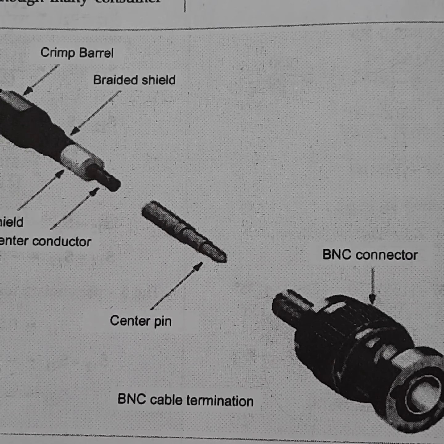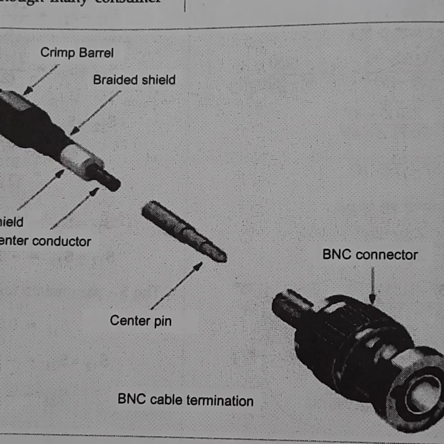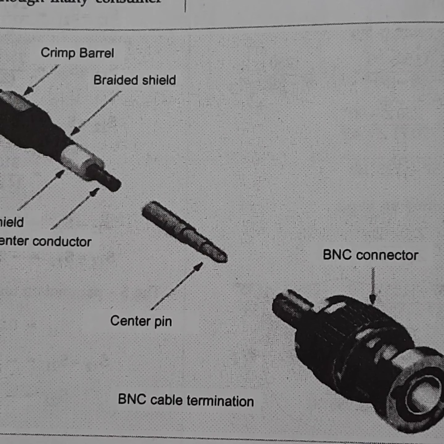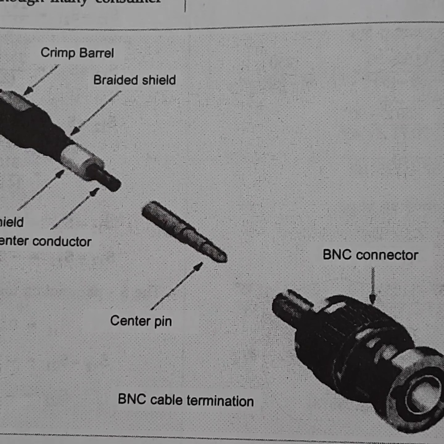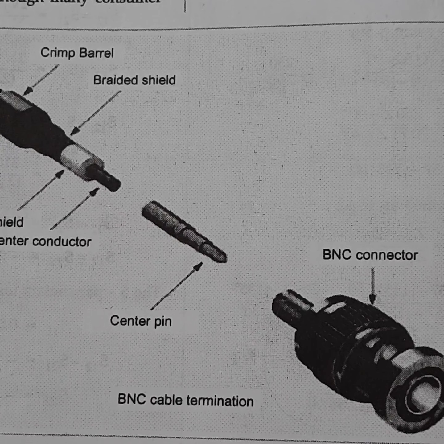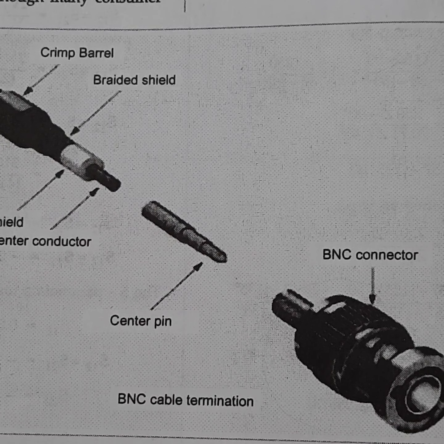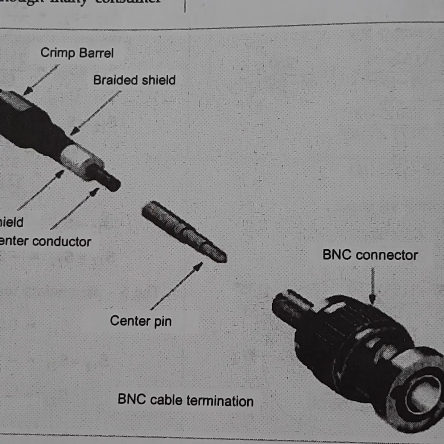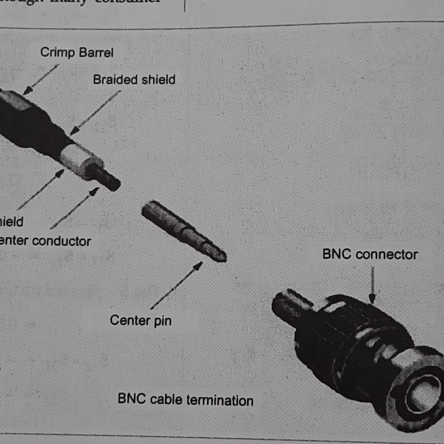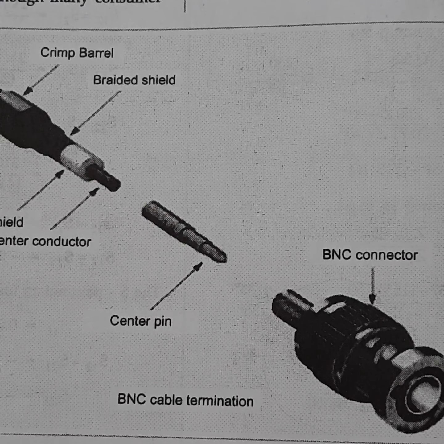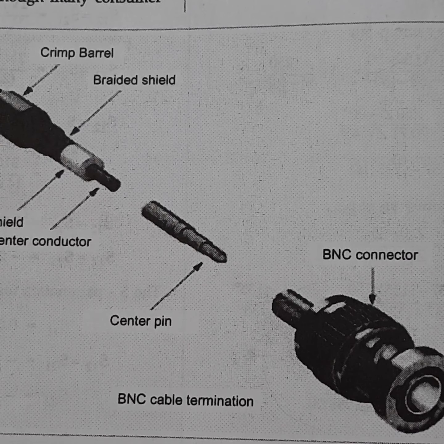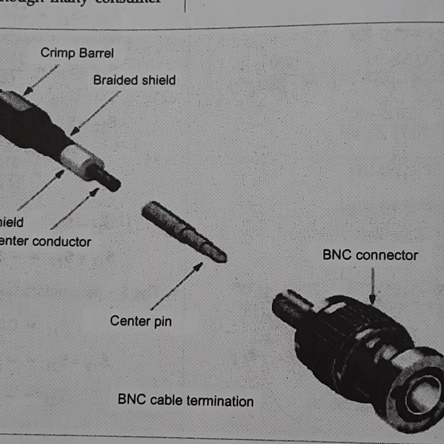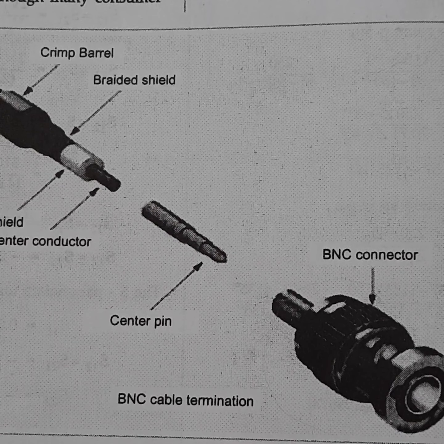These BNC connectors are used at frequencies below 3 gigahertz, and voltages below 500 volts. The connectors exist in 50 and 75 ohm versions, matched for use with cables of the same characteristic impedance.